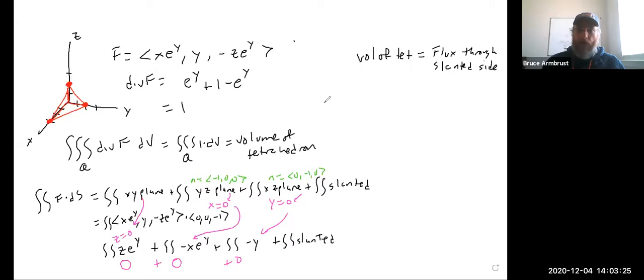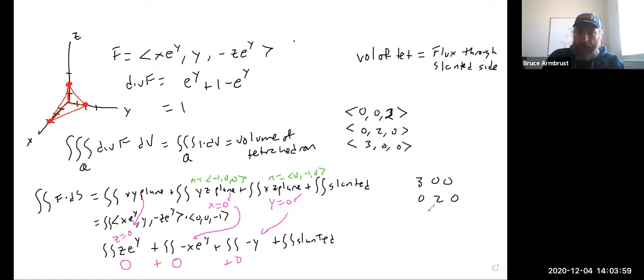Here are the vectors on our sides: 0, 0, 2, 0, 2, 0, and 3, 0, 0. The easiest way to do the triple product is to put these 3 into a matrix and find its determinant. I'm going to put it in like this.